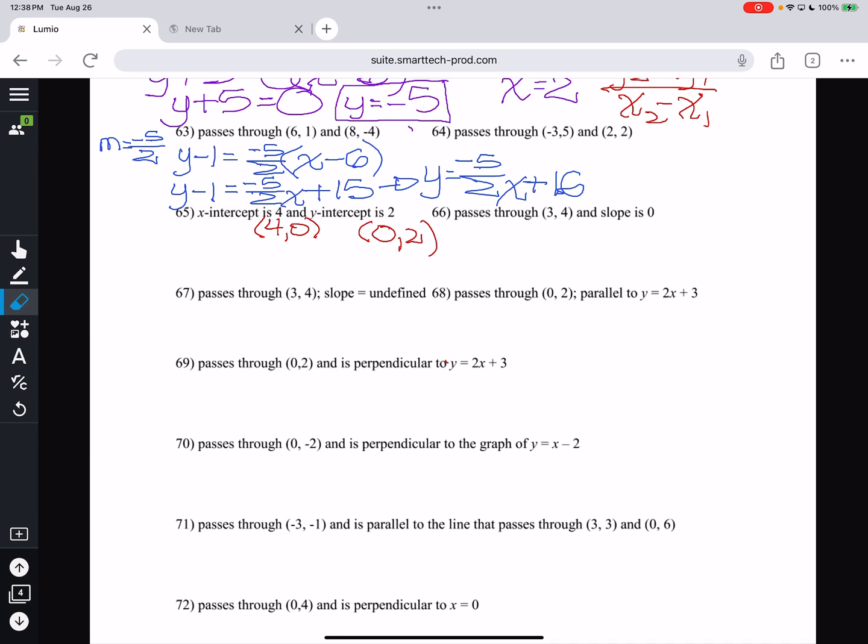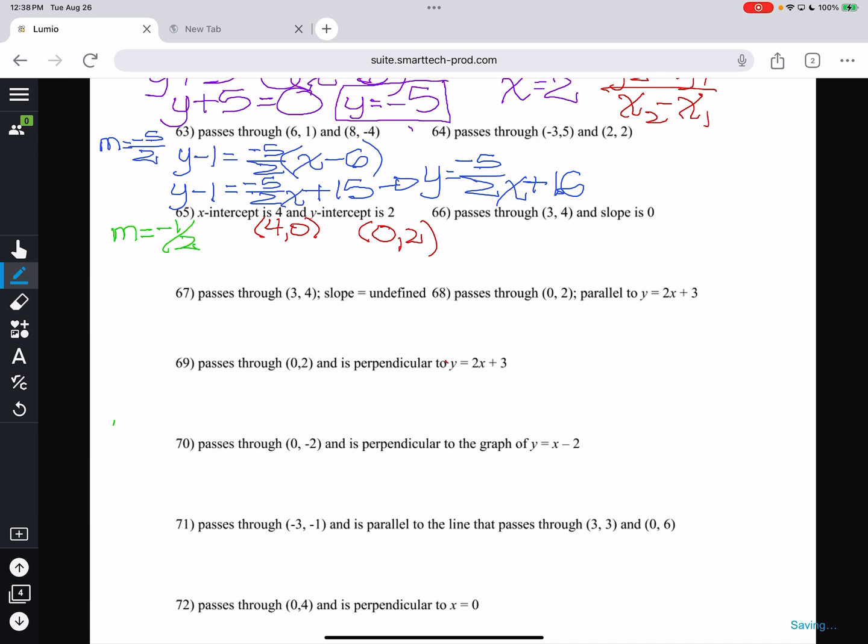So you would have 2 minus 0 over 0 minus 4. So that would be 2 over 4, which is 1/2, and it would be negative. All right, so slope, negative 1/2.